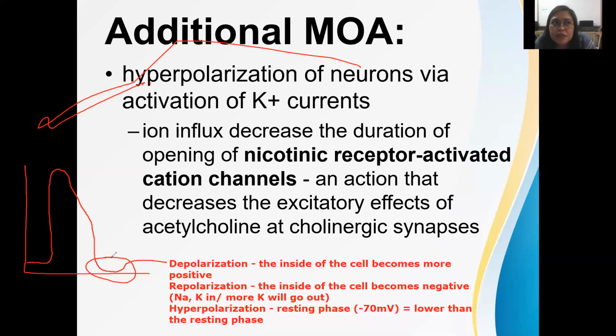So acetylcholine, remember, is an excitatory neurotransmitter. So it adds to the depressing activity of GABA, the activity of the cells is further depressed because of this.